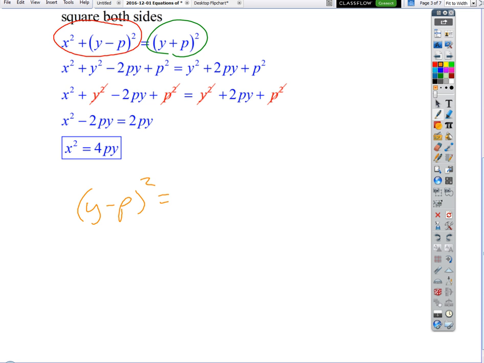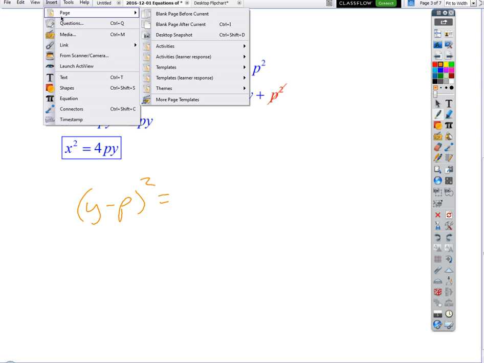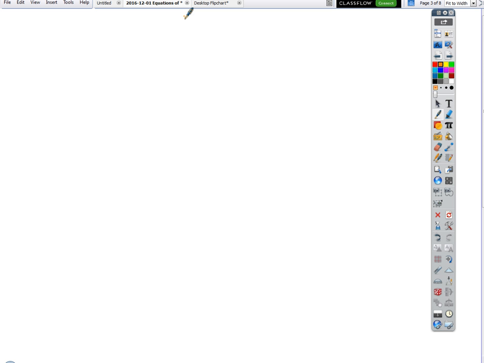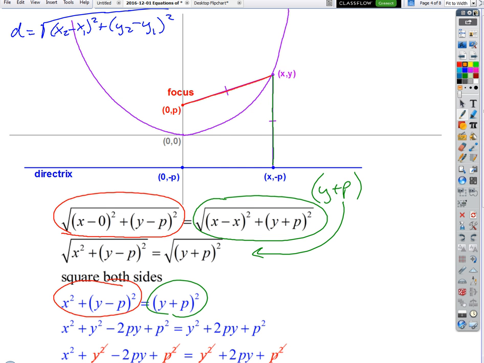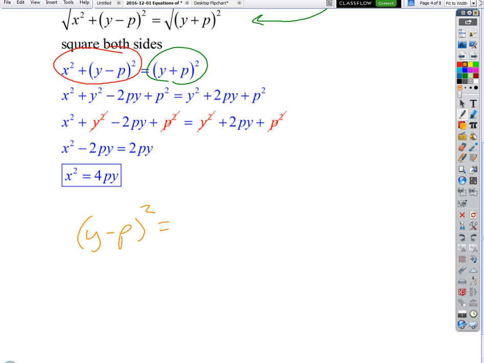Have you ever learned this one, where if you do a plus b quantity squared, it's just a squared plus 2ab plus b squared? You guys know that, right? Probably saw that before. Okay, so then all I've got to do here, that's a and negative p is b.